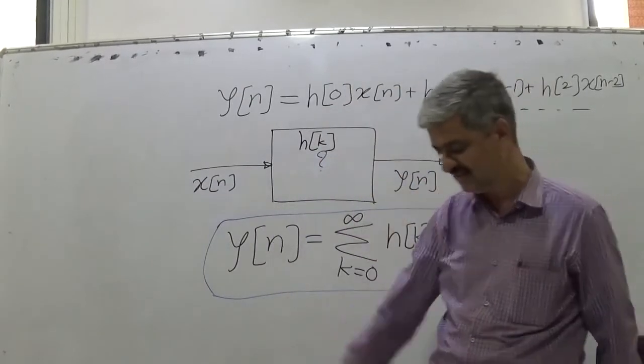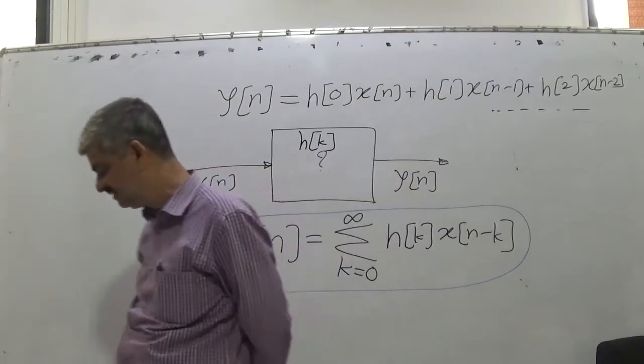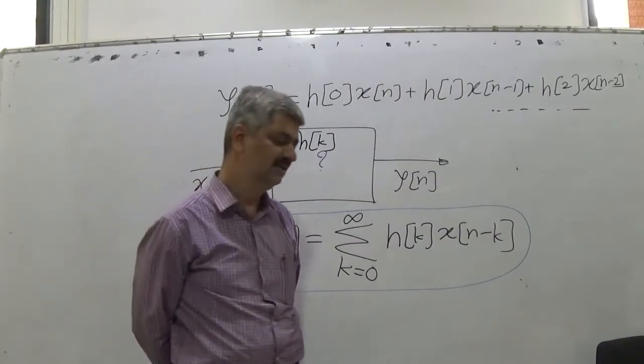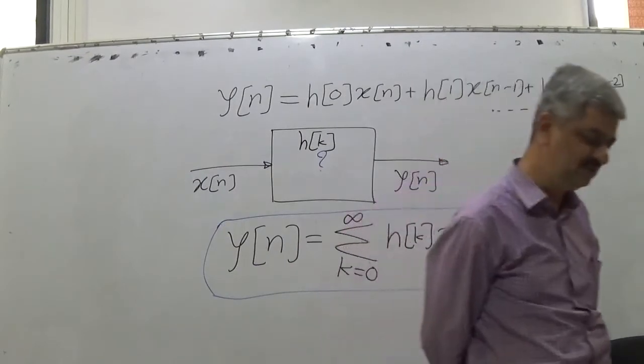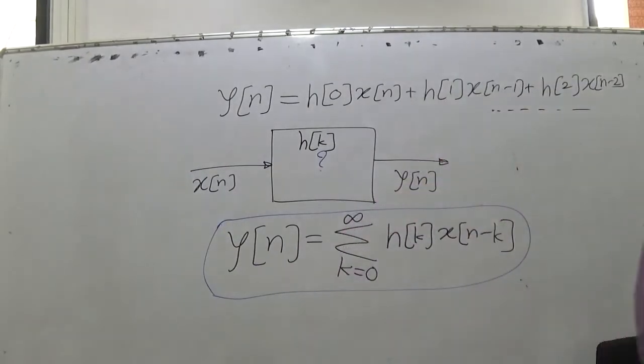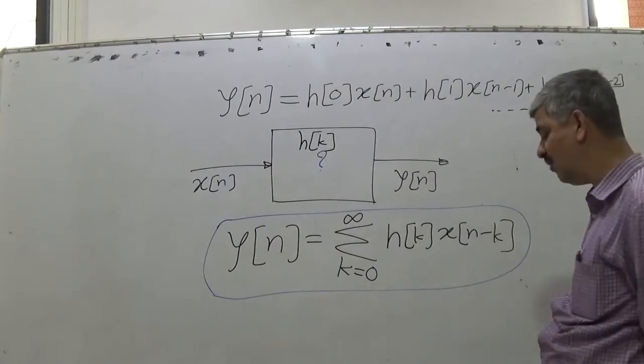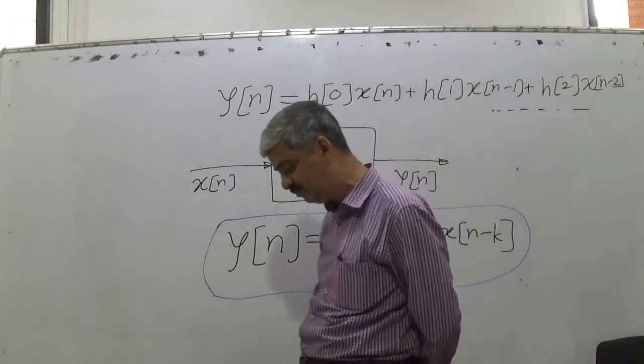So what is a system? In discrete time systems, system is a sequence. Input is a sequence, output is a sequence, and system is a sequence. And then how is output related to input?